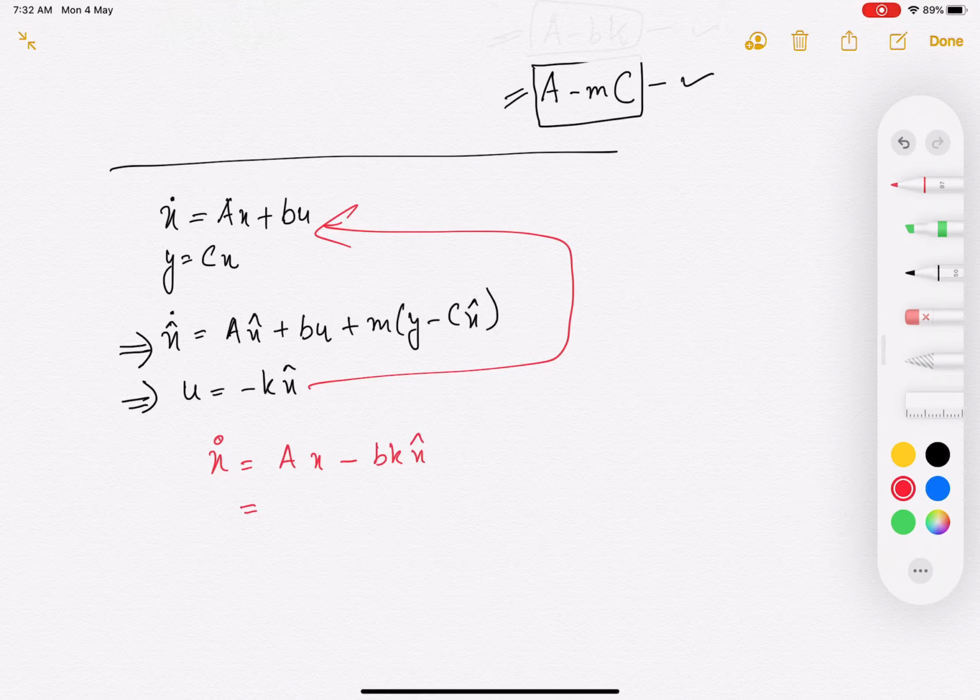and let us manipulate this a bit. Let us add and subtract BKx from this. When you add and subtract BKx, you take the minus BKx in here and the plus BKx in here.